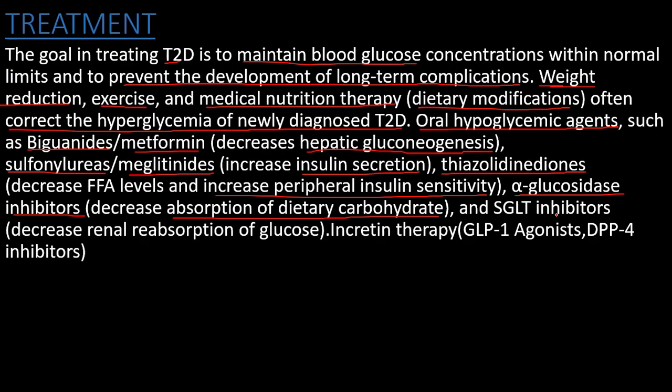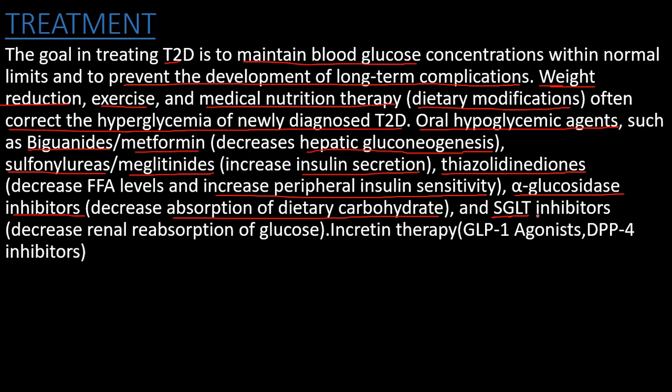We also have other drugs which usually inhibit the sodium glucose cotransporter 2 found in the renal tubules. The work of this sodium glucose cotransporter 2 is to transport glucose from the ultrafiltrate back into the body.